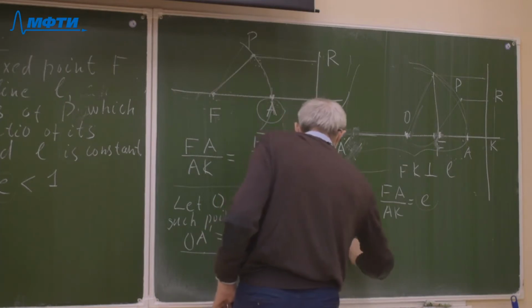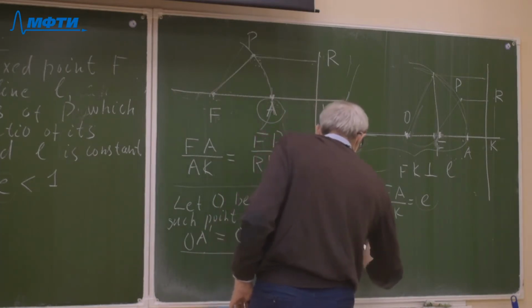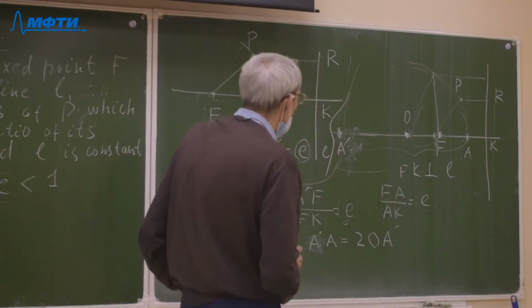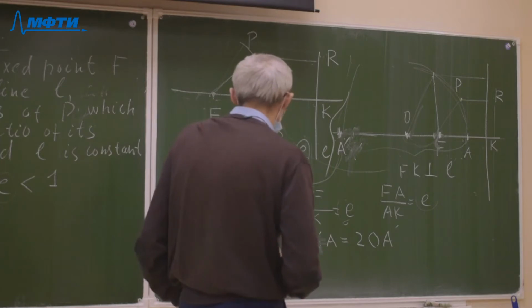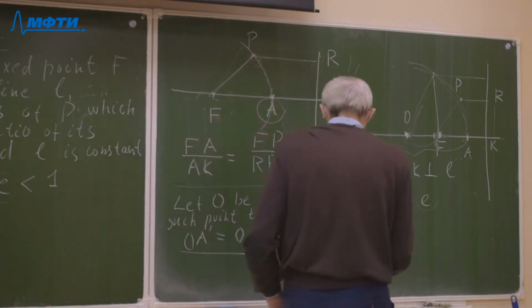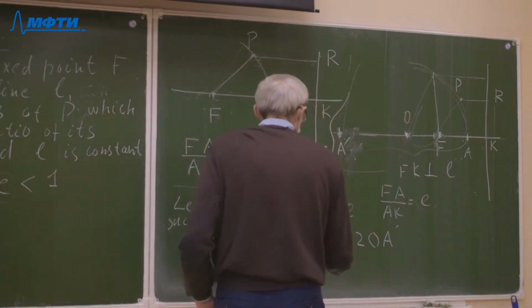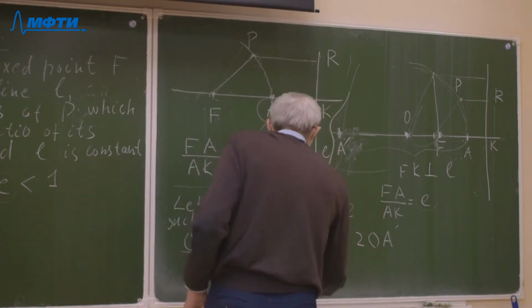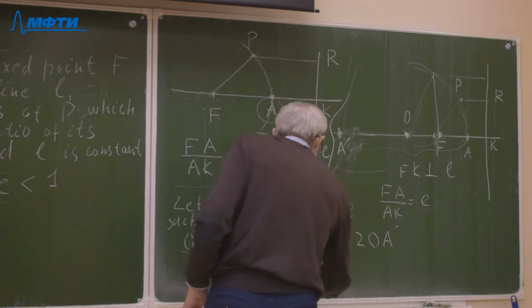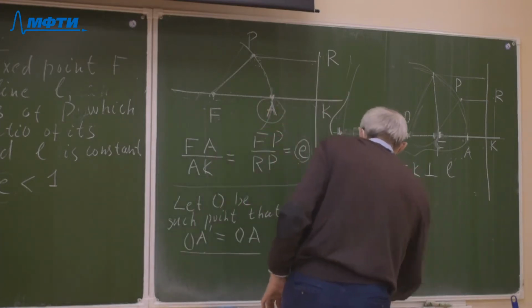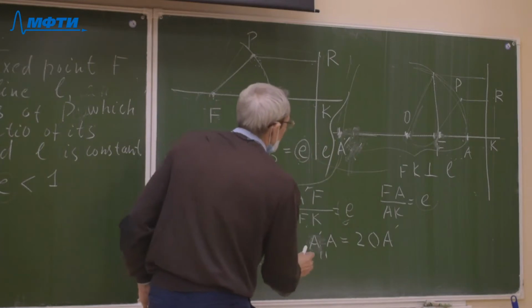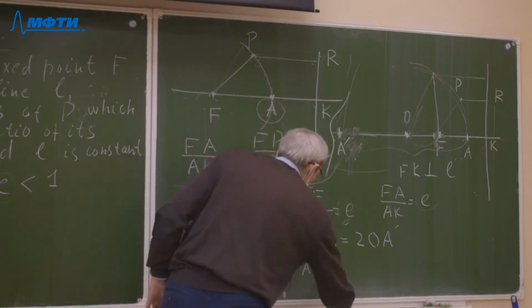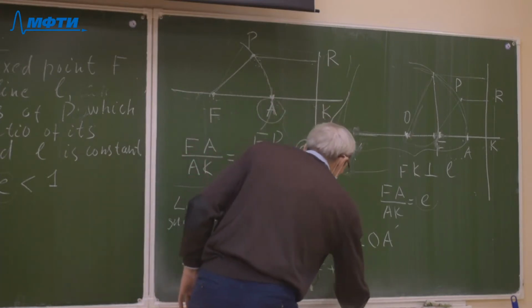A prime A is equal to OA prime plus OA, and A prime A is the sum A prime F plus FA.